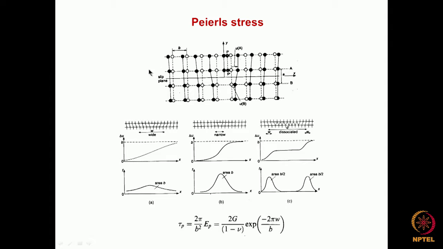The same thing can be viewed in two different ways. Suppose I go very far away and choose that as the coordinate axis, then I will notice that these atom positions are identical to each other, that is, the original position as well as the displaced atom.